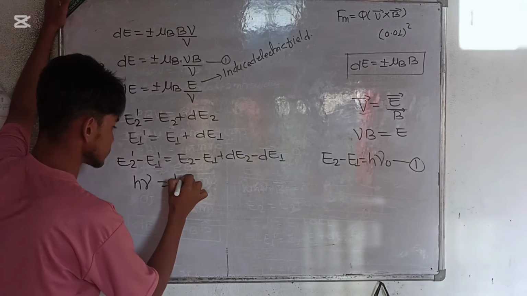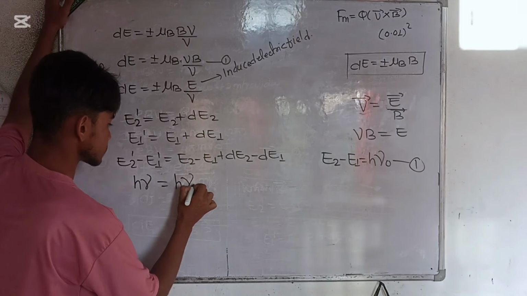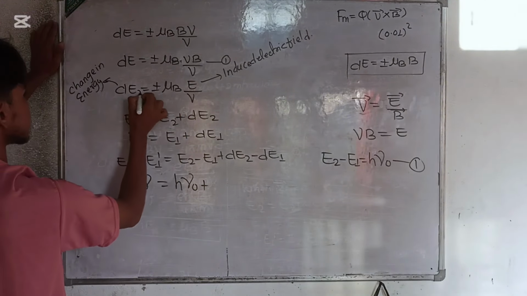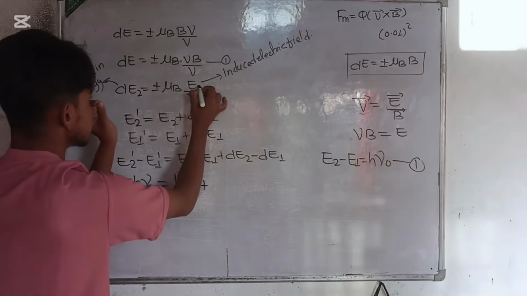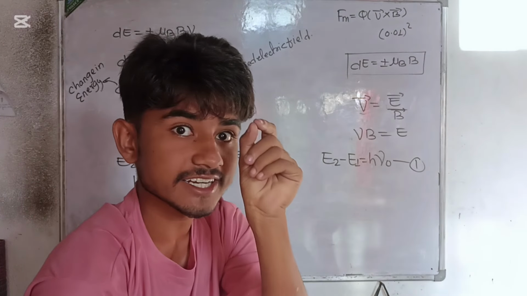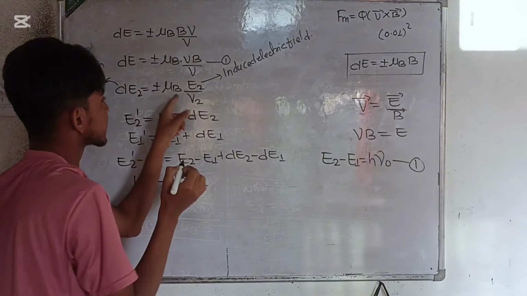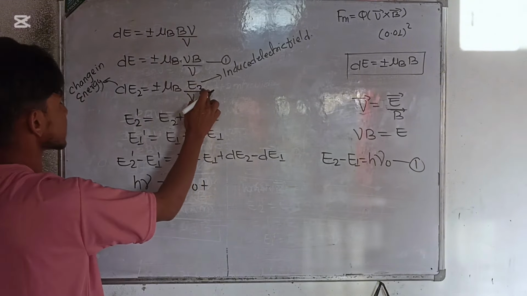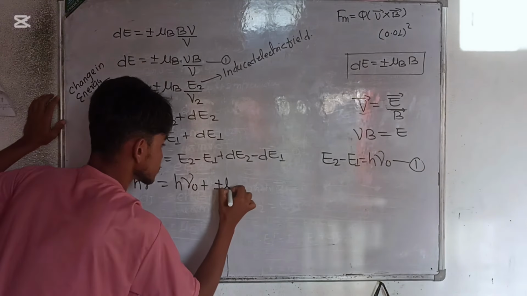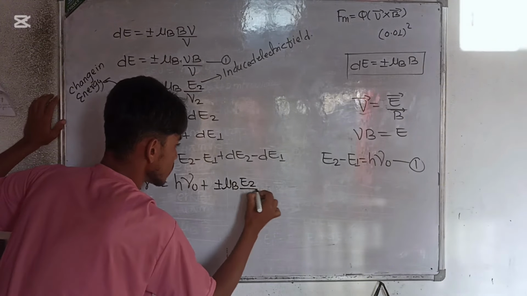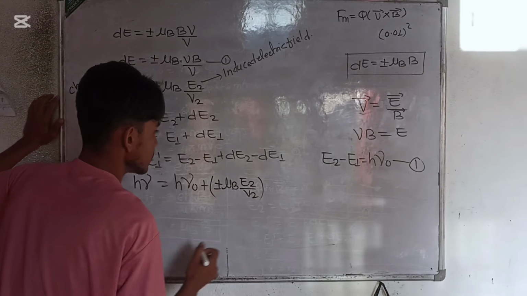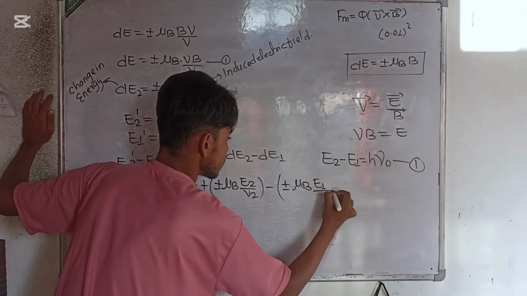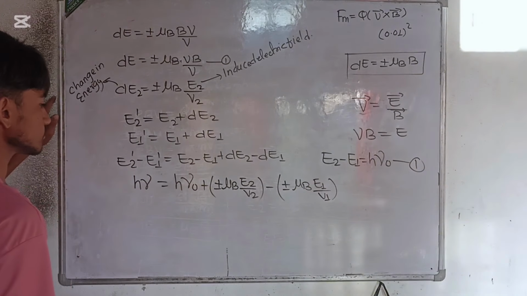And this is just this equation holding this term, nu naught, plus dE2 minus dE1. If you take E2, there will be an induced electric field in the second orbit having corresponding velocity V2. So you have to write plus minus mu b E2 upon V2, right? And minus plus minus mu b E1 upon V1 correspondingly, right?